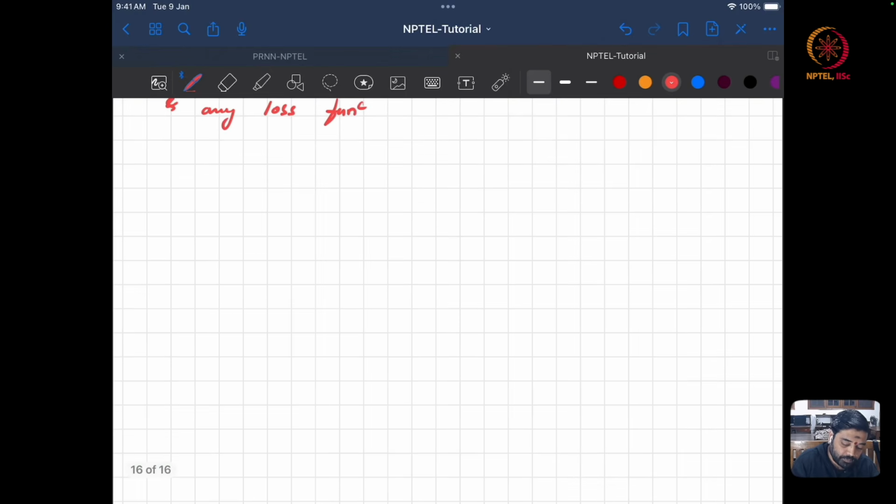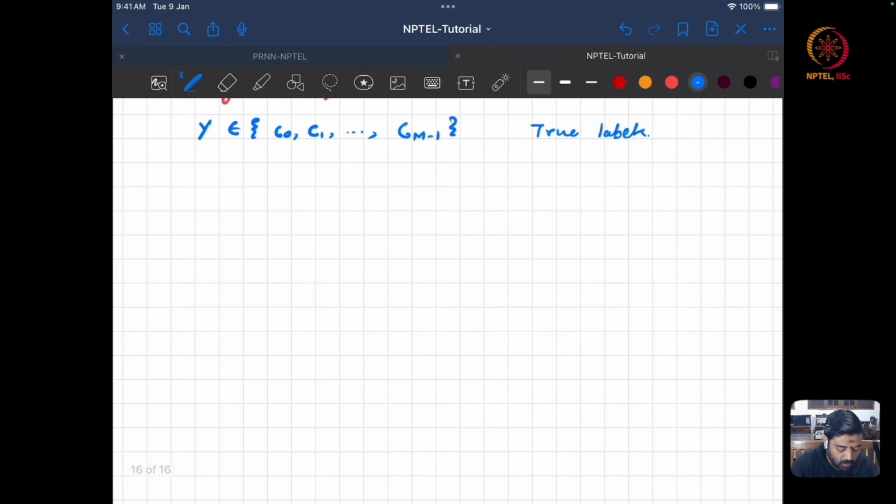Let's say that y, which for practical sake we will be calling labels, can take values C0, C1, and so on till Cm minus 1. Now these are the true labels. And then we have a hypothesis function which takes x as an input and gives the prediction or output.